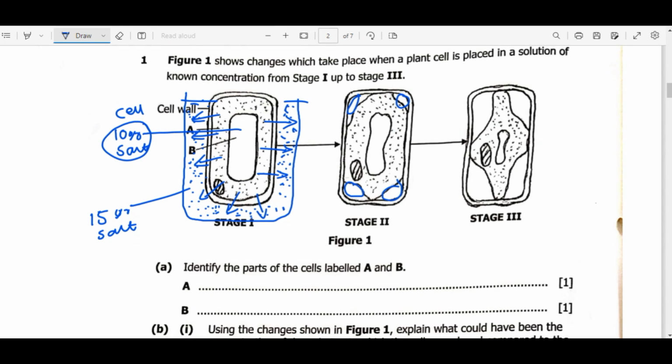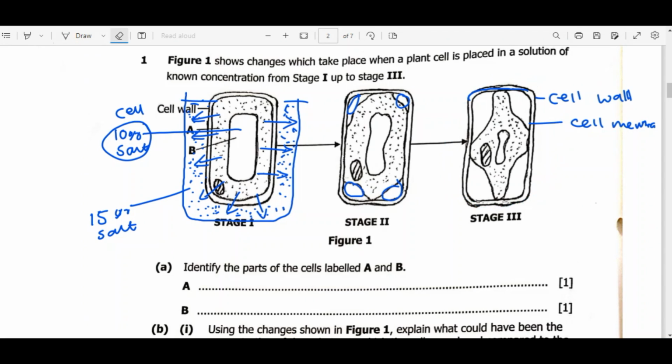Now, if you look at this part, the outer part of the cell is the cell wall, then the inner part is the cell membrane. The difference between a plant cell and an animal cell here is that if this was an animal cell, it would have shrunk.